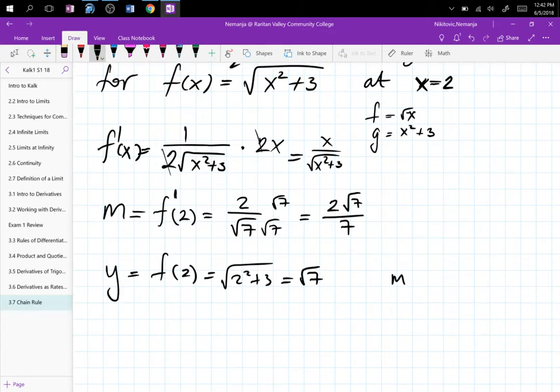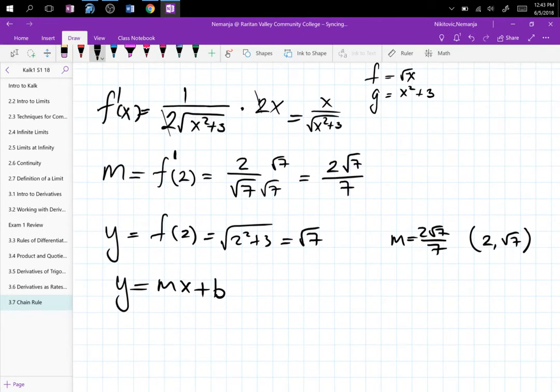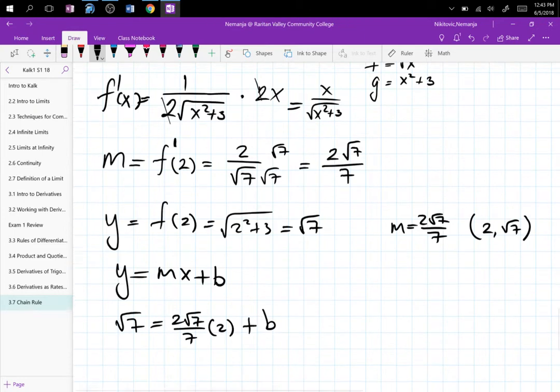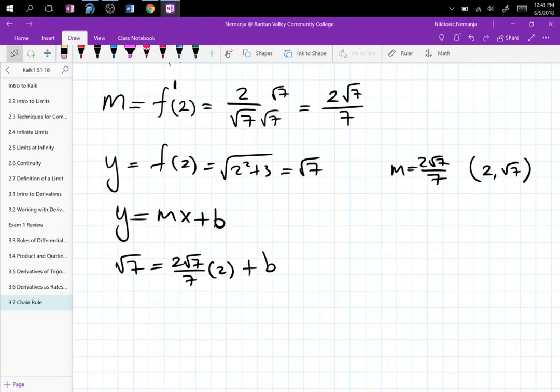So now what do I have? I have slope is 2 root 7 over 7, and the point is 2 comma root 7. y equals mx plus b. So y is root 7, m is 2 root 7 over 7 times 2, plus b. Now b equals root 7 minus 4 root 7 over 7, and the total of that is 3 root 7 over 7.